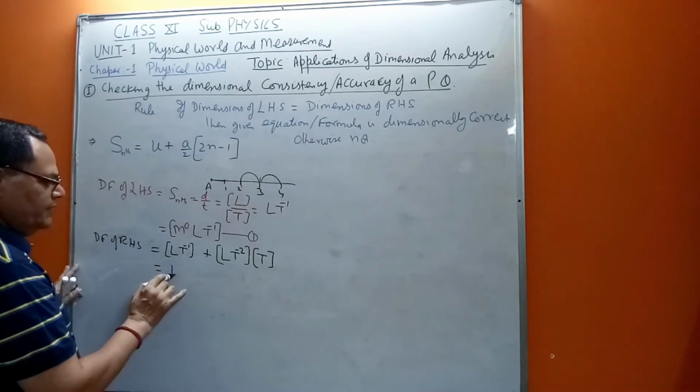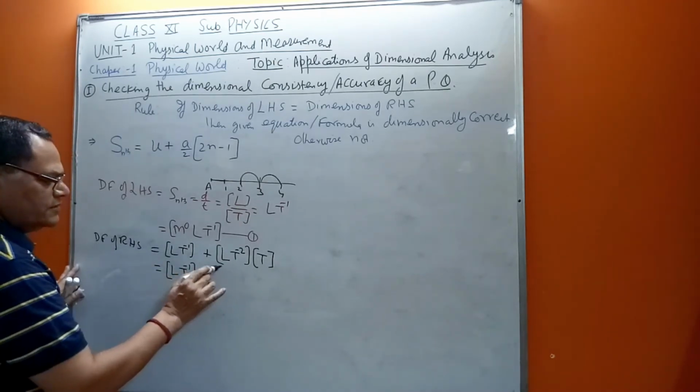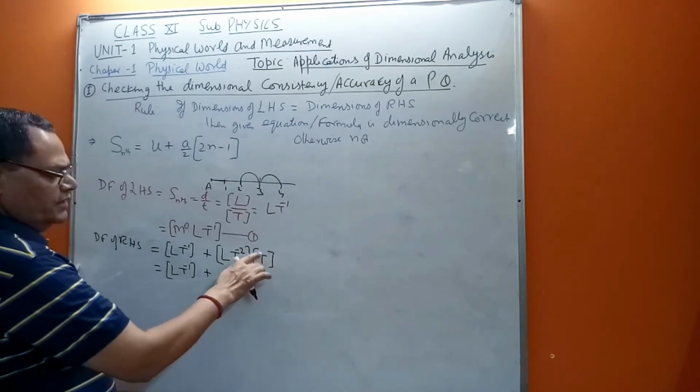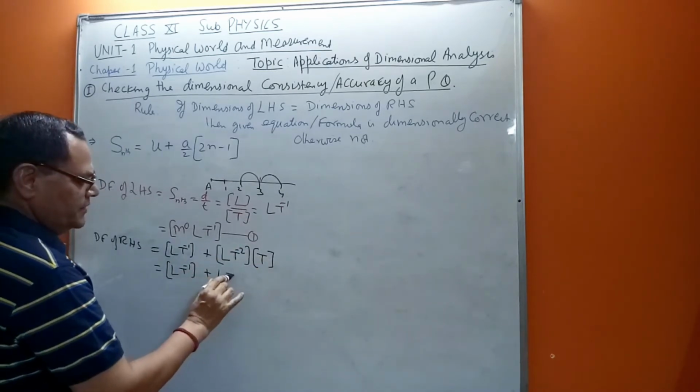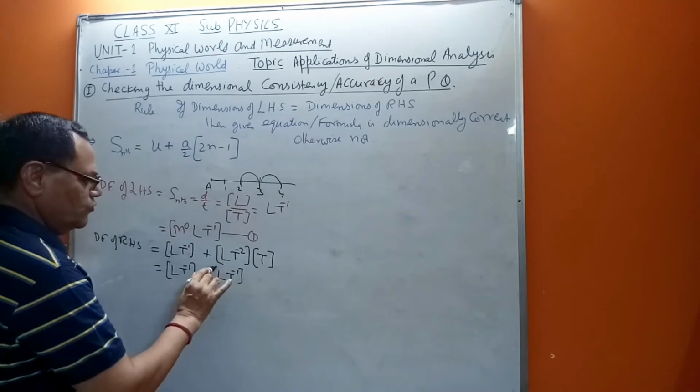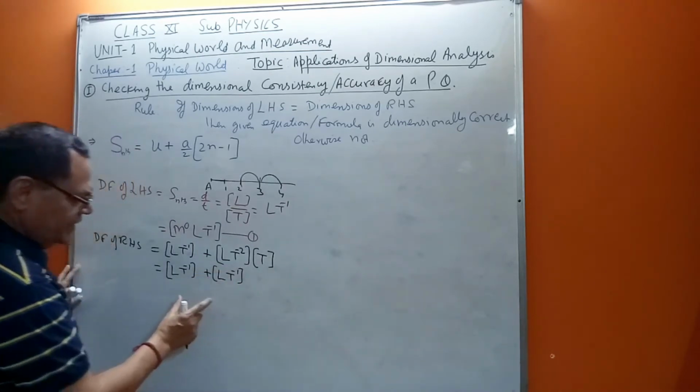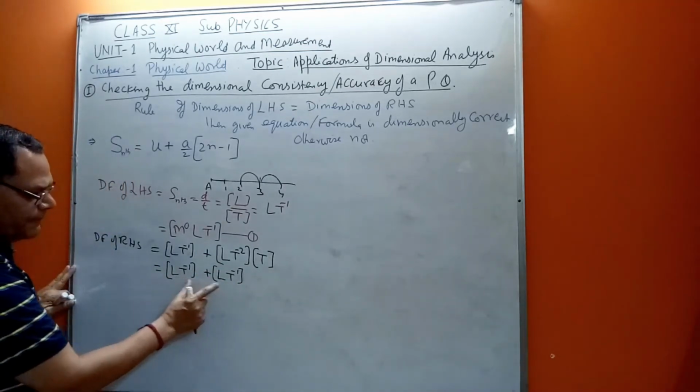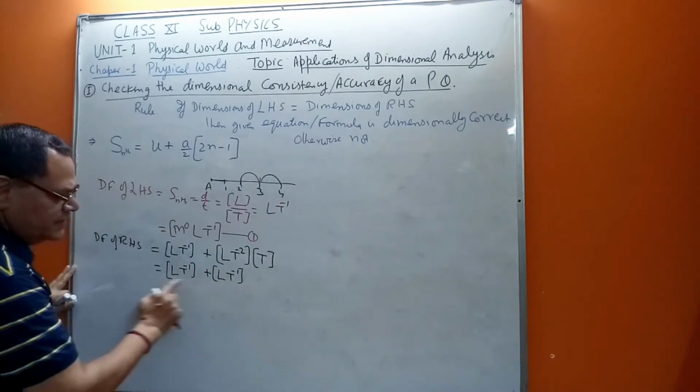So when you simplify, it is LT minus 1, plus T positive 1 and minus 2, so this becomes LT minus 1.